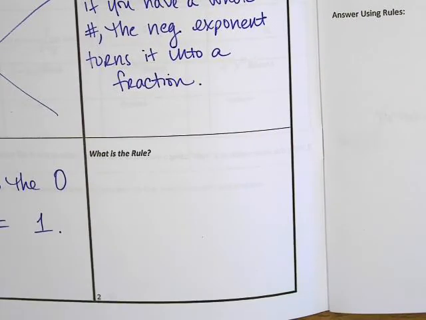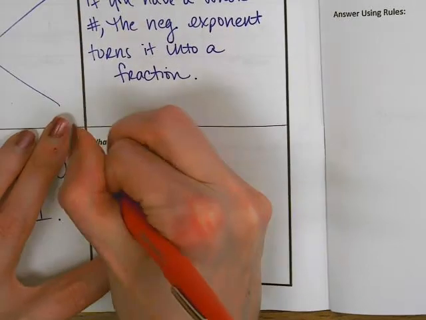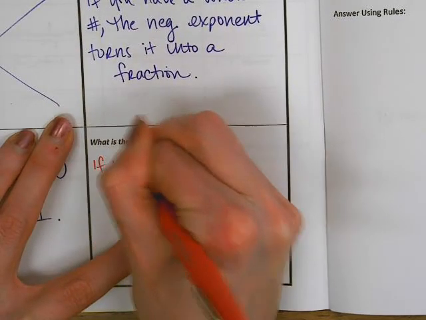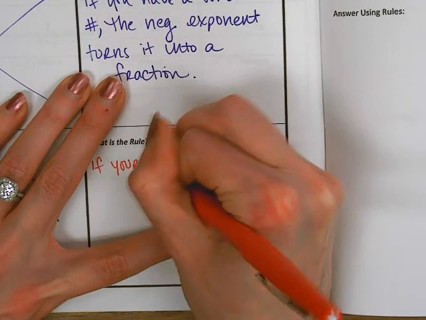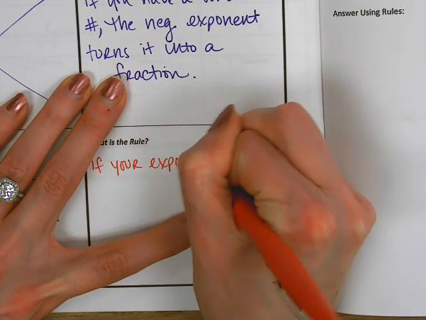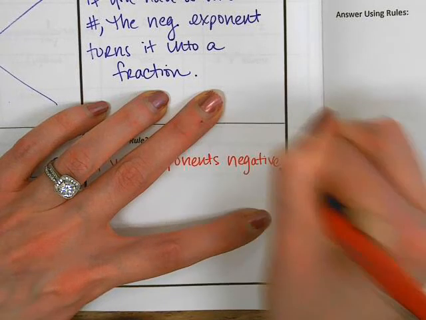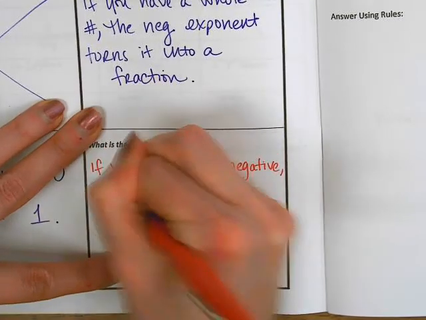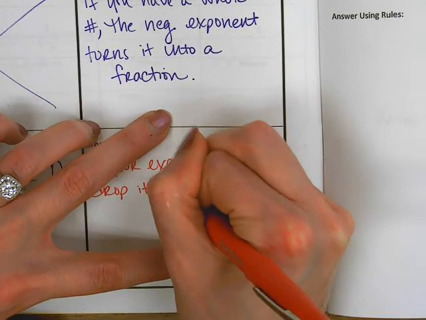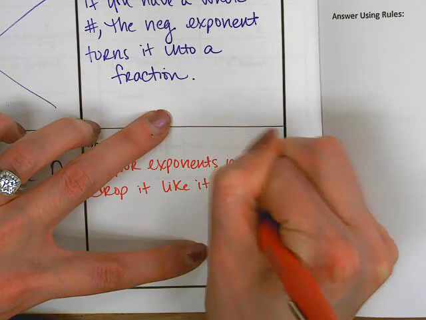And it goes to the tune of Snoop Dogg's Drop It Like It's Hot. If your exponent's negative, drop it like it's hot.